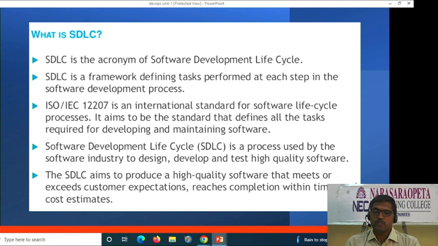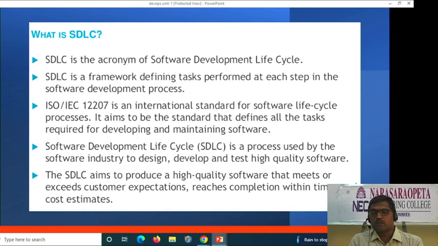It aims to be the standard that defines all the tasks required for developing and maintaining software. Based on these standards, we can develop software in the software industry.